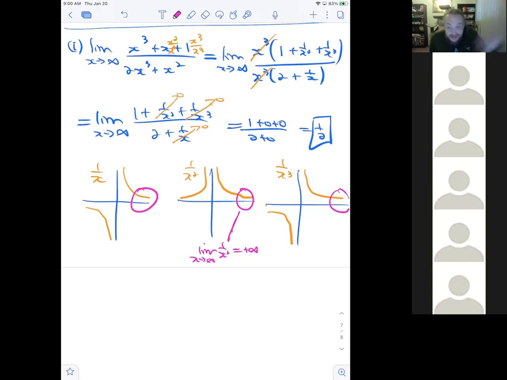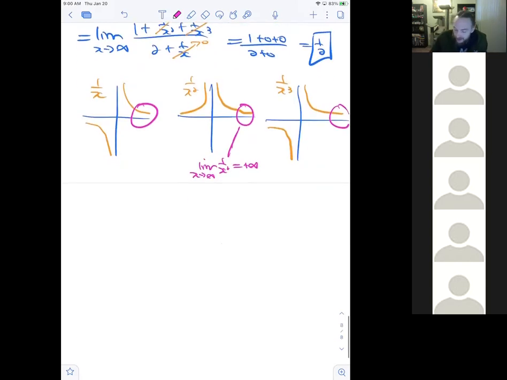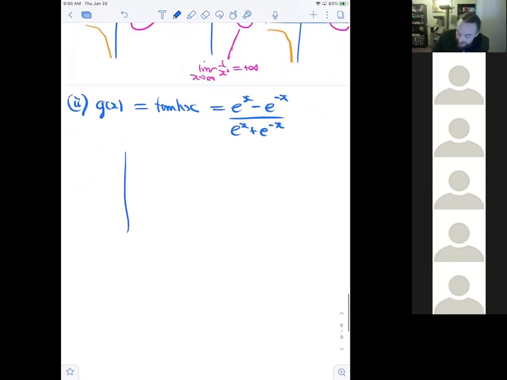We already know this. So now when I go to switch to the new function, g of x equals tan hyperbolic x, which is e to the x minus e to the negative x over e to the x plus e to the negative x, how am I going to take these limits at infinity? What I want to see now is this.